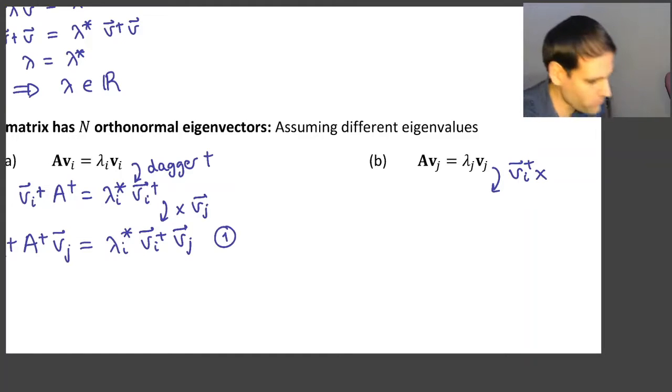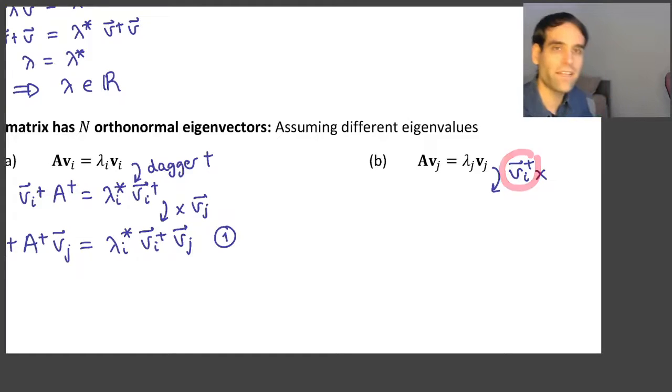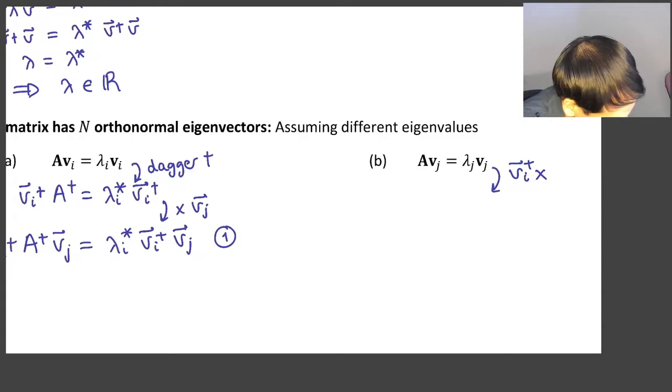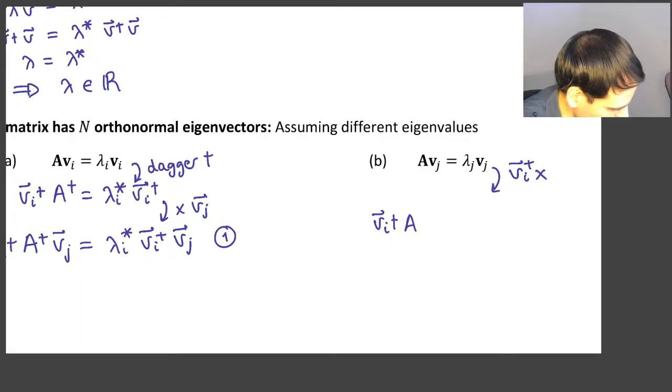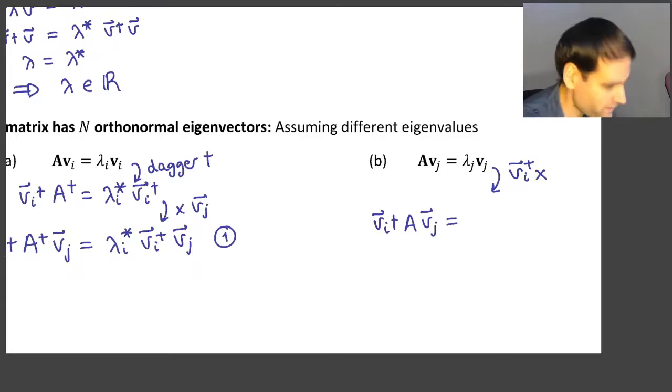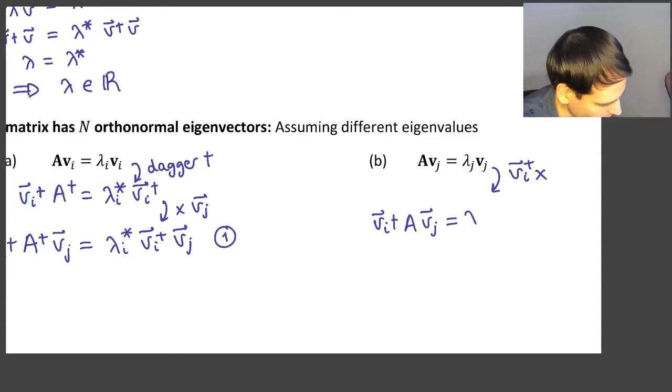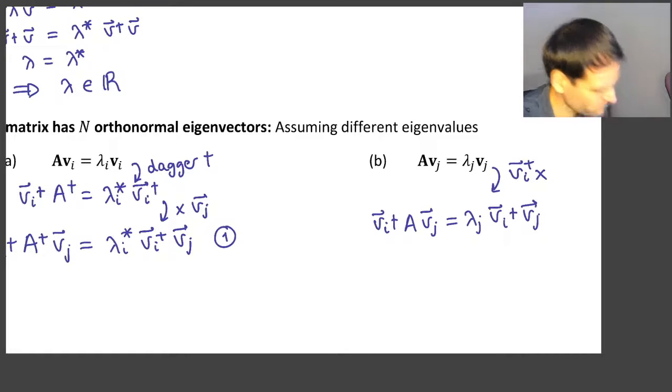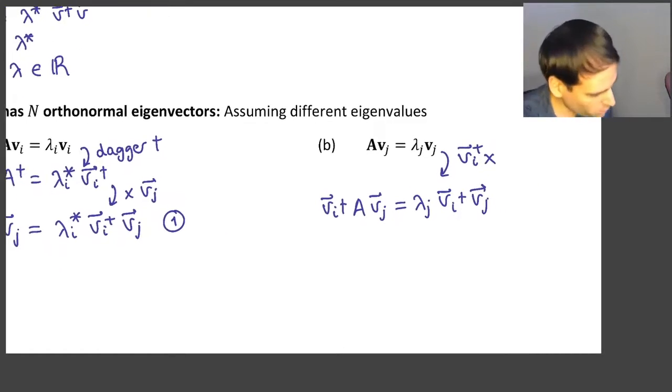So we are going to multiply by Vi dagger, which is a row vector, and we are going to do that on the left. So we end up with Vi dagger times matrix A times vector Vj is equal to Vi dagger, so we can keep the lambda, which is a scalar, in front, times Vi dagger times Vj. Okay? And this I'm going to call equation 2.